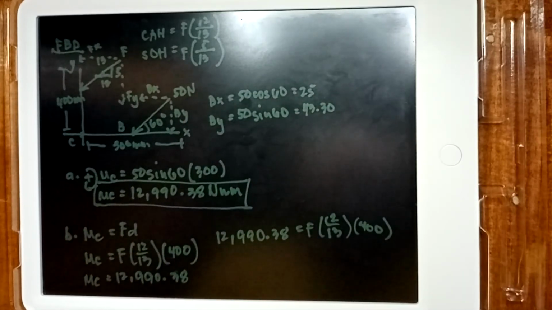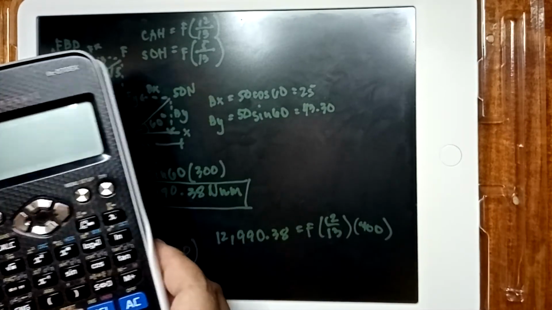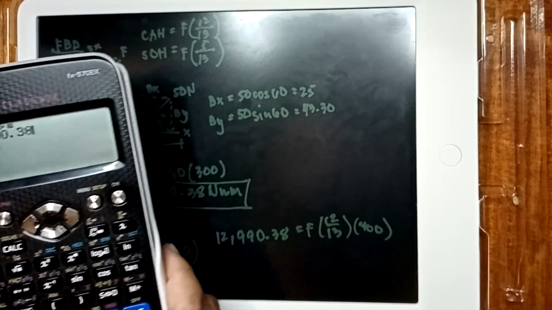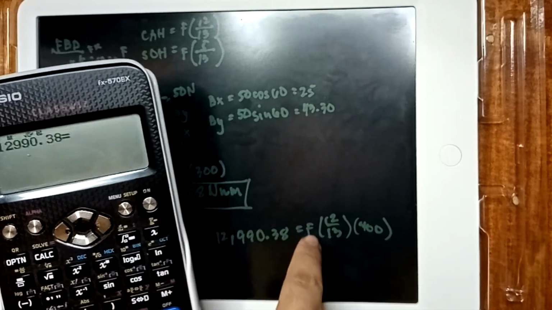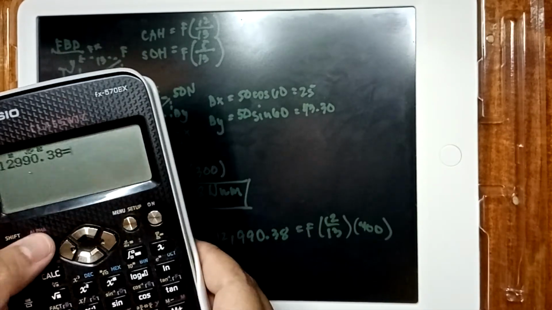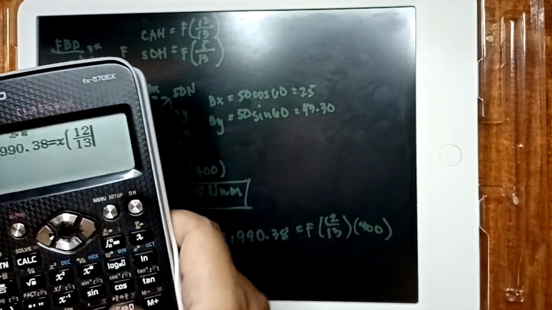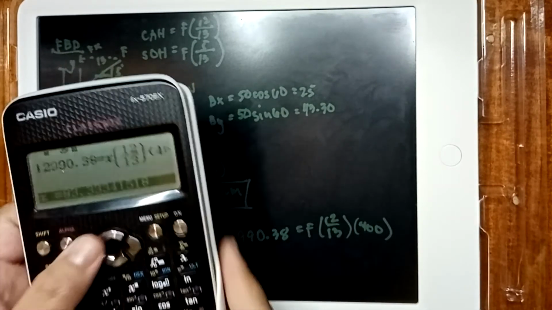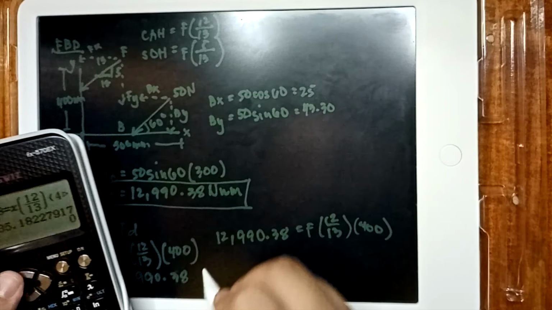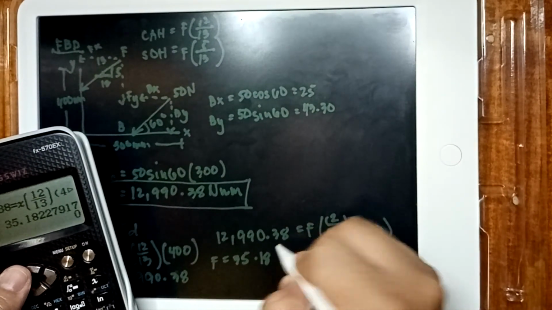So, sa ating calculator, pwede nating i-shift solve ito. So, 12,990.38 is equal to, so, let F be our X. So, X 12/13 times 400, then shift solve equals. So, our F is equal to 35.18.